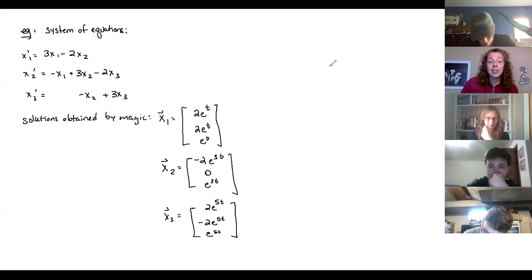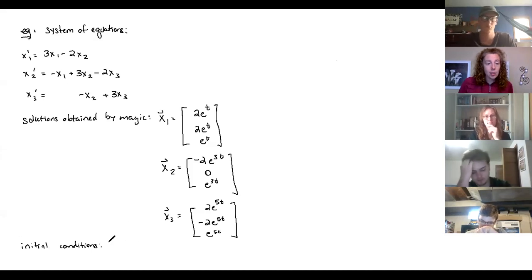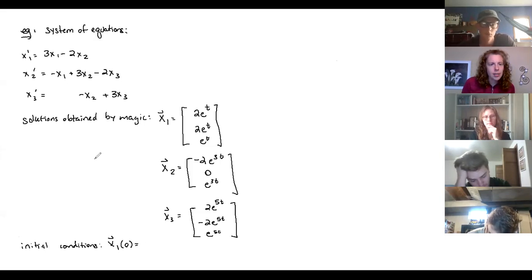All right. I also have initial conditions. So here are my initial conditions. Vector x1 of 0. That's not vector, sorry, that doesn't make sense. Let's try function x1.